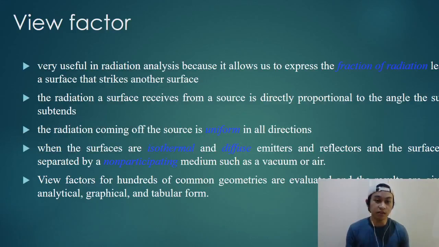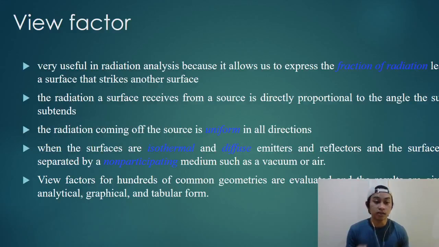This would be the case only if the radiation coming off the source is uniform in all directions throughout its surface and the medium between the surfaces does not absorb, emit, or scatter radiation.